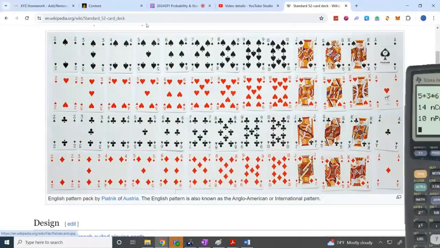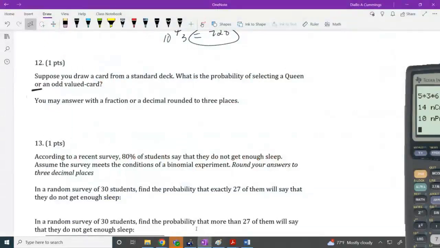Right? Because we want the number of odd cards or queens. So that's 20 cards altogether to choose from, right? So we're going to take 20 and divide that by the total number of cards in the deck, which is 52.